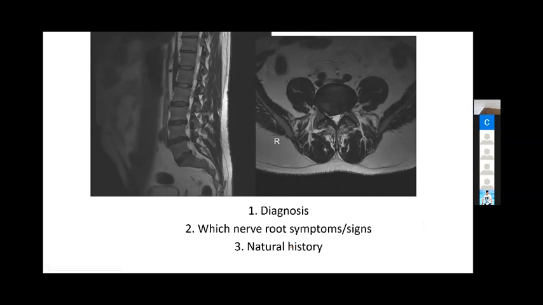In the axial section, you can see it is more towards the right. Yes, a right paracentral disc prolapse at L4-5. Which nerve root gets affected in this patient? If he comes to you, what nerve root symptoms will he have? EHL weakness. Which is that, L4 or L5? L5.